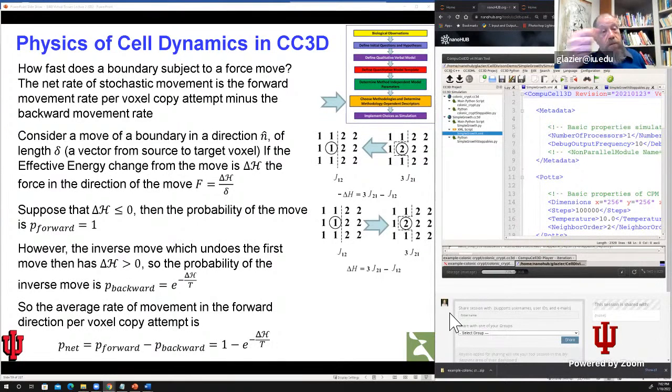That means that one of those two energies is always going to give me a probability of one of the thing happening. The other probability, the other direction, will give me a probability of e to the minus the energy divided by T of it happening. The net rate is going to be 1 minus e to the minus the change in energy divided by T.